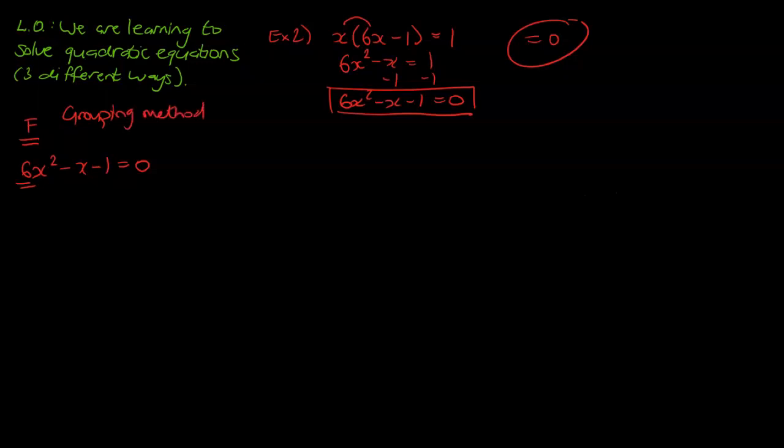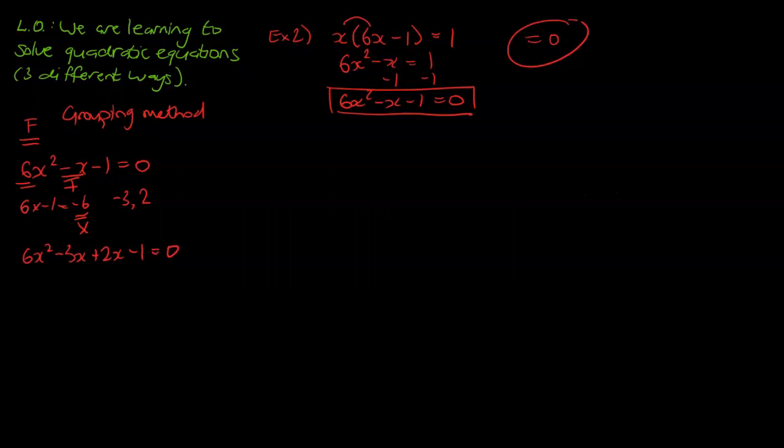So do revise and recap that if you need to. But we start off by doing 6 times negative 1 equals negative 6. We now need to think what numbers multiply to negative 6 but add to negative 1. And I'm thinking it's going to be negative 3 and positive 2. So we're going to split the x up. That's going to be 6x squared minus 3x plus 2x minus 1 equals 0.